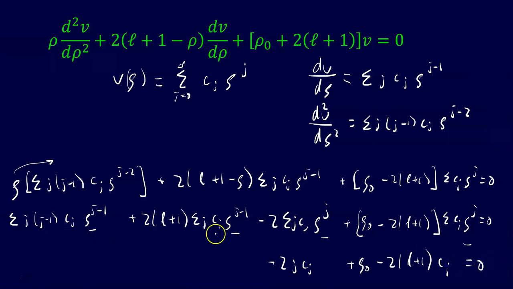And then for these terms, it's a little bit trickier because I want the rho to the jth term. Since it's j minus 1, what I can do is plug in for these two terms j equal to j plus 1, and that'll give us the term that we want. And so when I do that, I get j plus 1 times j, c to the j plus 1.